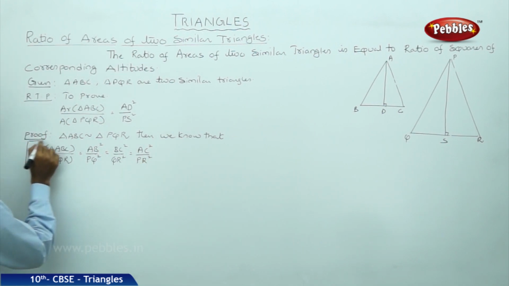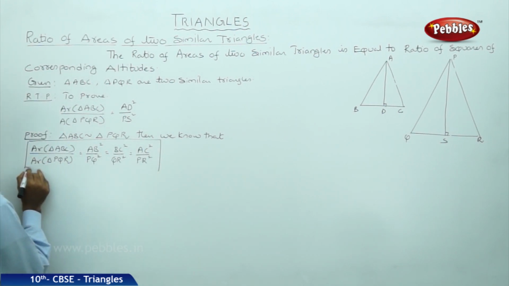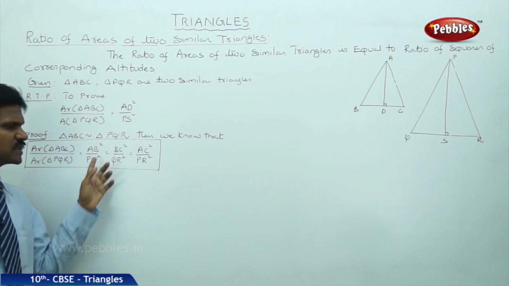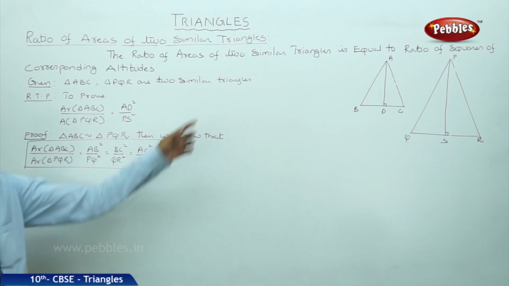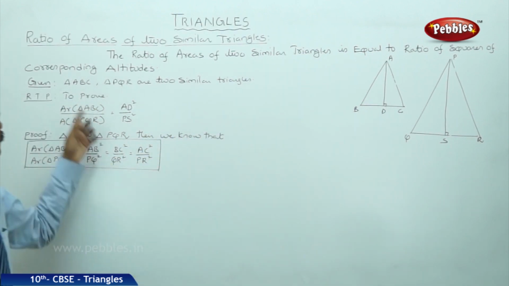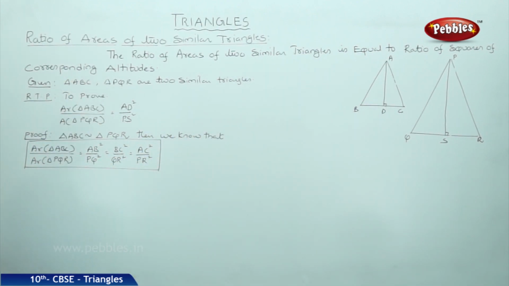Because we know this theorem very well, the ratio of areas of two similar triangles is equal to the ratio of squares of corresponding sides. Now in this theorem we have to prove the ratio of squares of corresponding altitudes.